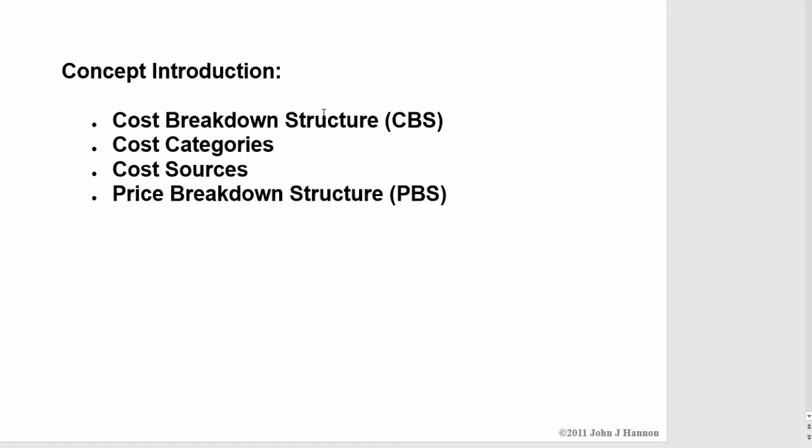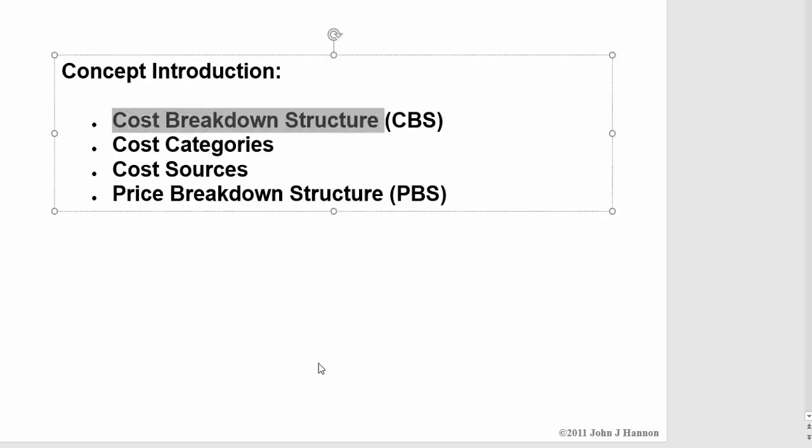Some of the words that we talk about today will not be on quizzes, but they will be on the final exam, and I'll give you formal definitions of these words. But I do want to talk about a cost breakdown structure and a price breakdown structure in my version of how to estimate.